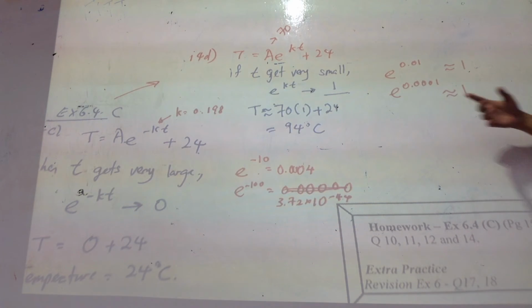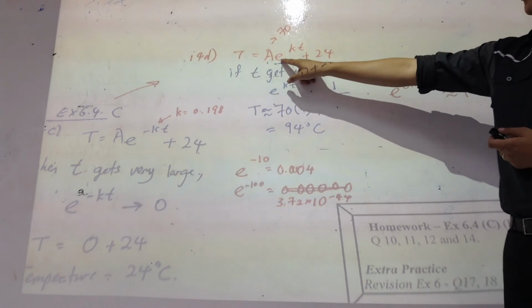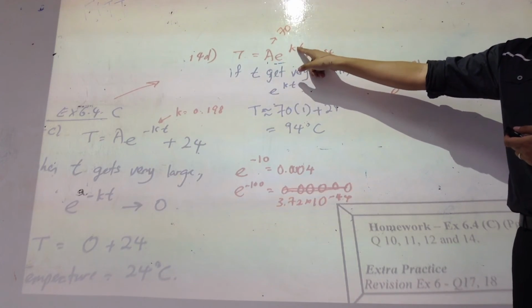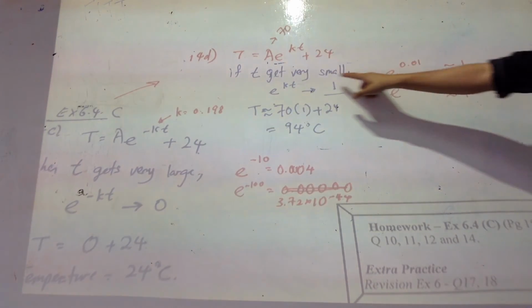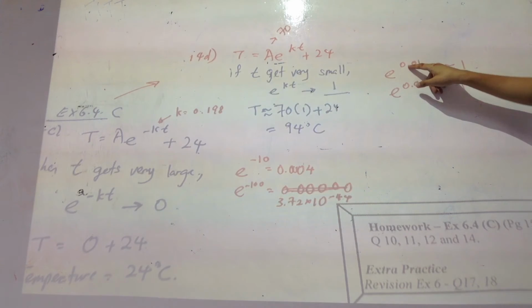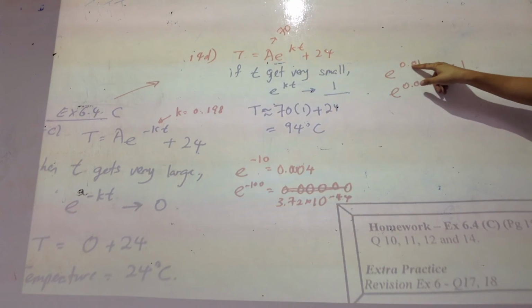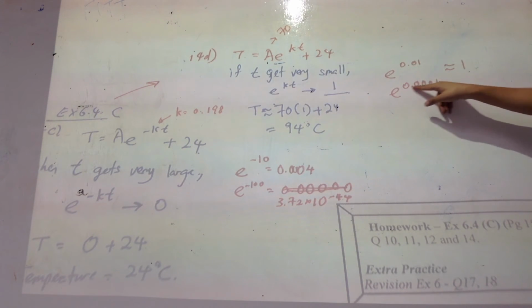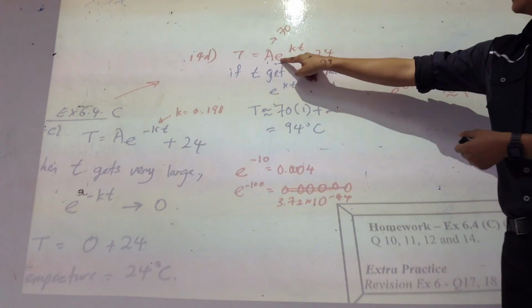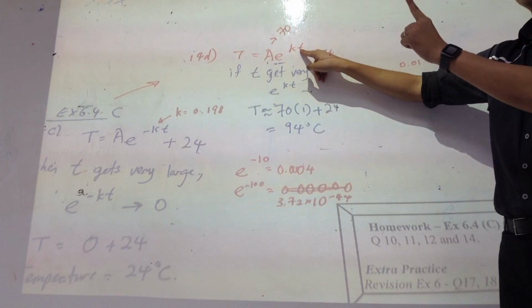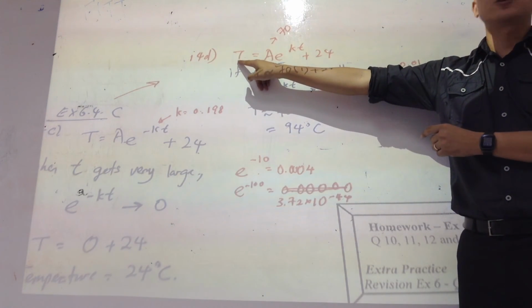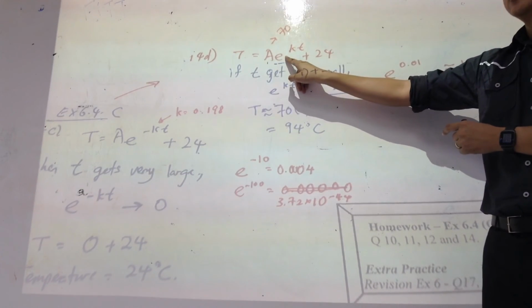Okay, let me try. Now, I want to focus on this e to the power of kt. Because t gets very small, pressing the calculator equals 1, almost 1. Which means this e to the power of kt equals 1. But T is the temperature. Temperature depends on A times this. This is 1.